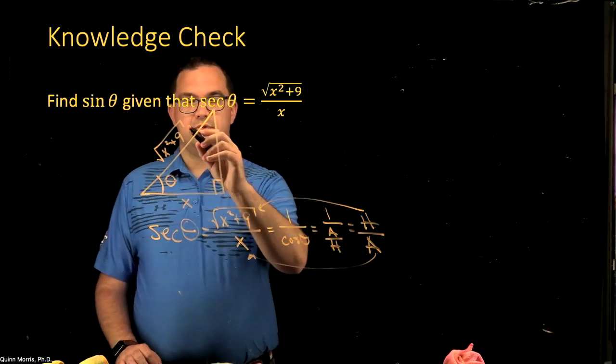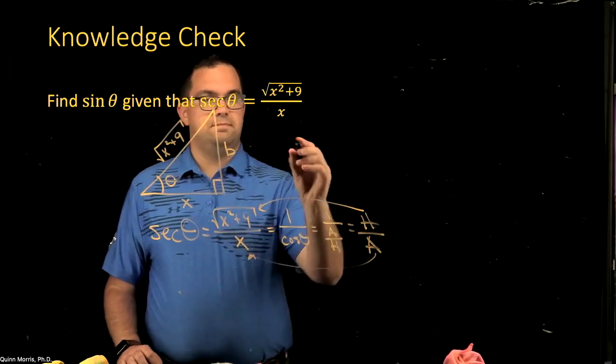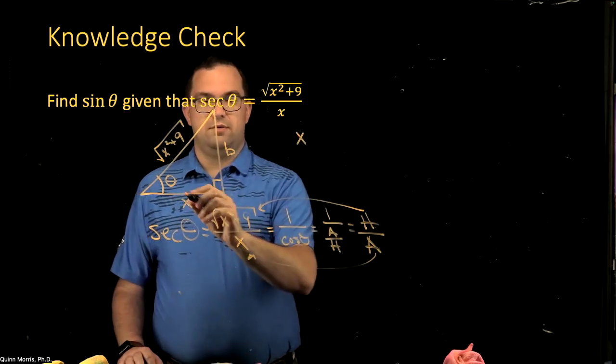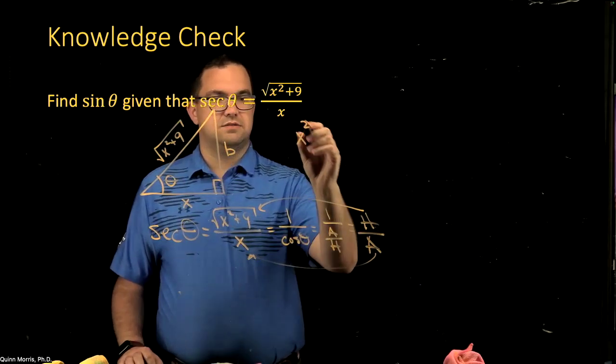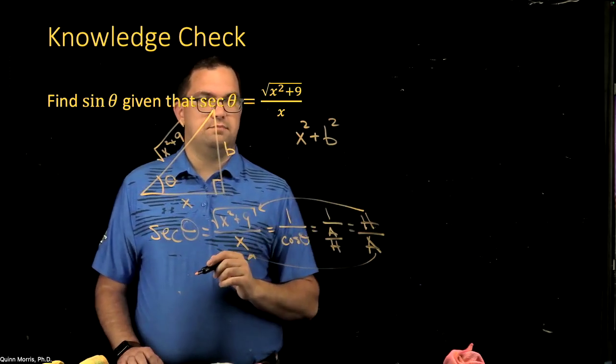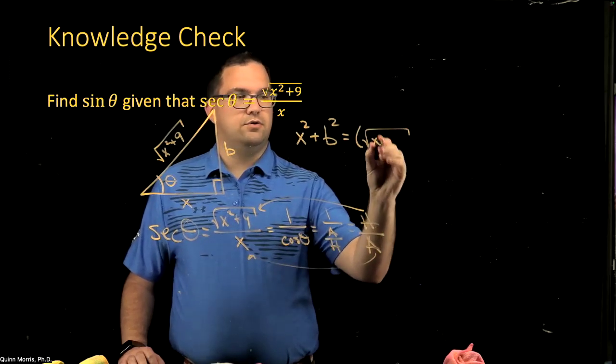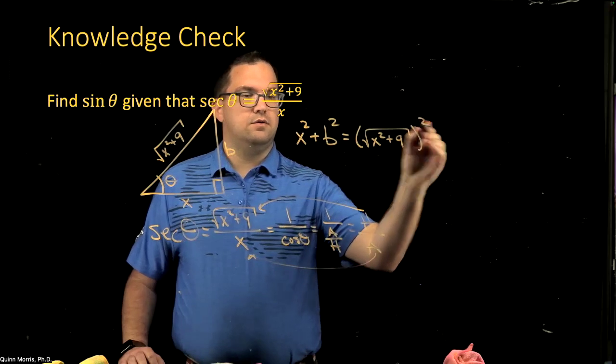To do that, I'm going to use again the Pythagorean theorem. So let me call this side b. I know by the Pythagorean theorem that my leg x squared plus the other leg b squared ought to be equal to the hypotenuse squared, which is x squared plus 9.